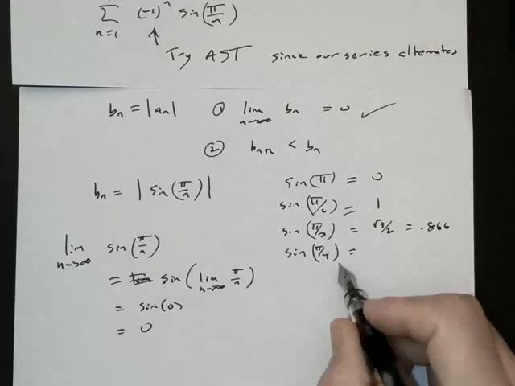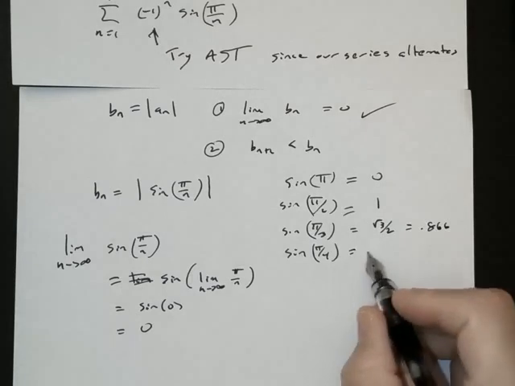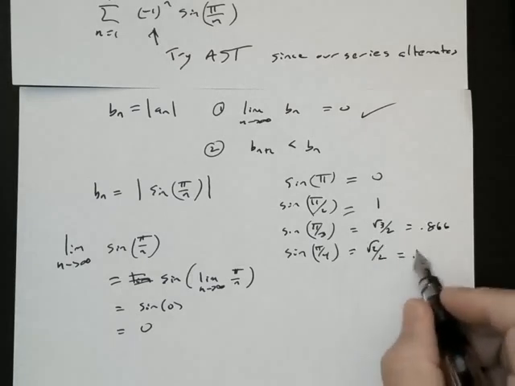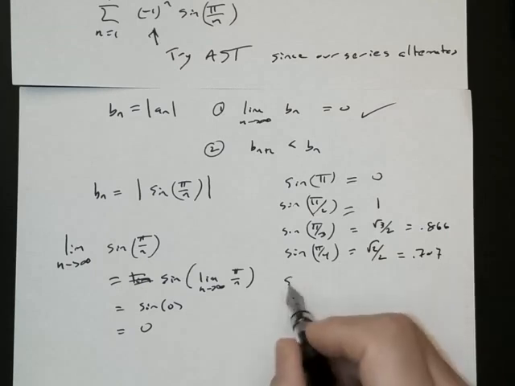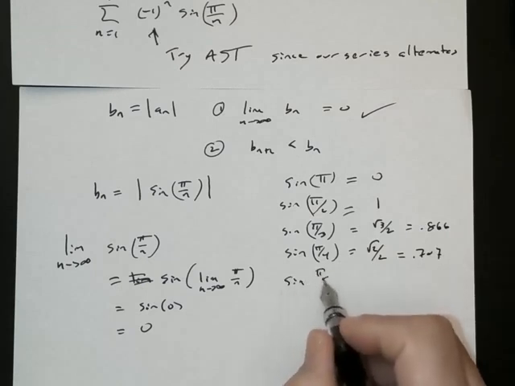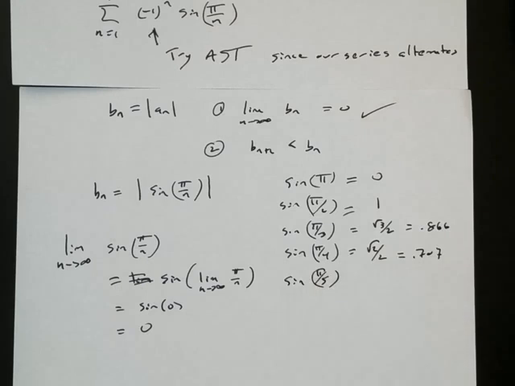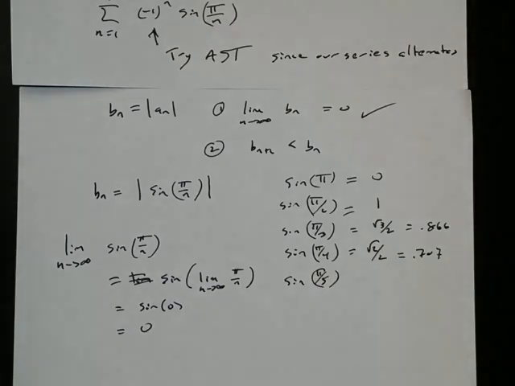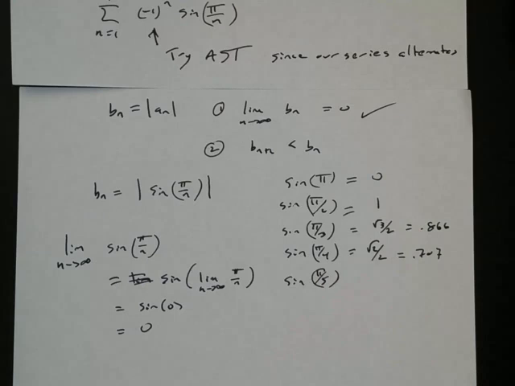Sine of pi over 4, 0.707. And then I start to get to ones I don't know. Right? I don't know what sine of pi over 5 is. So how do I know that this is decreasing?